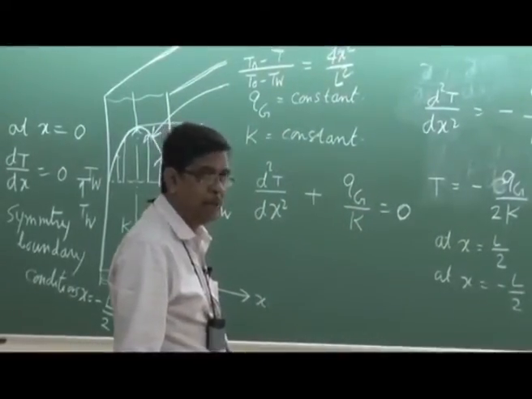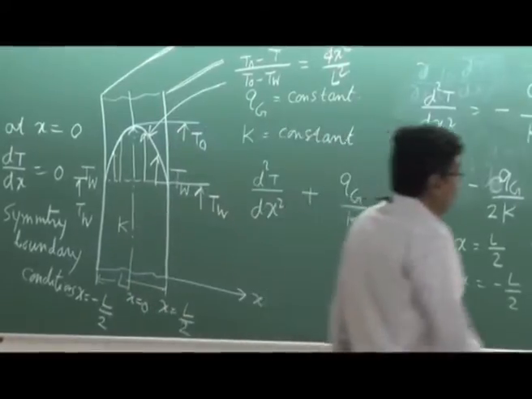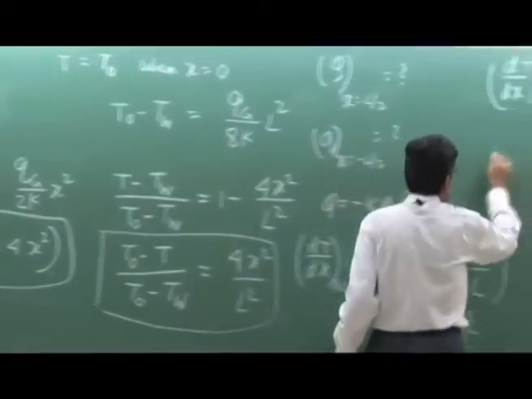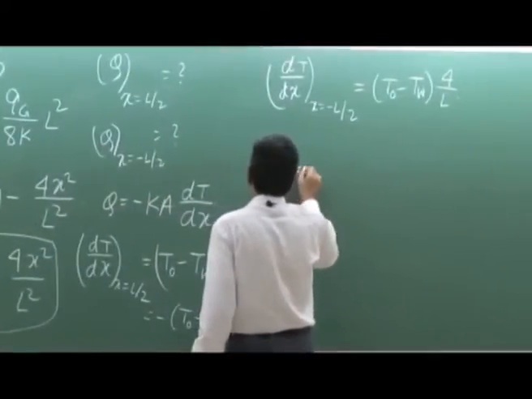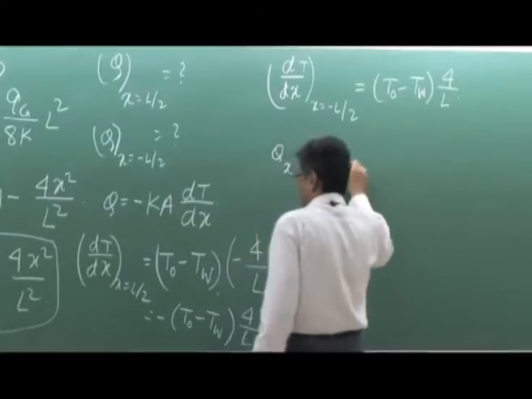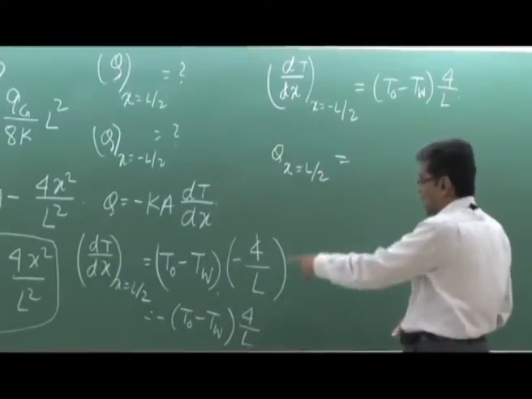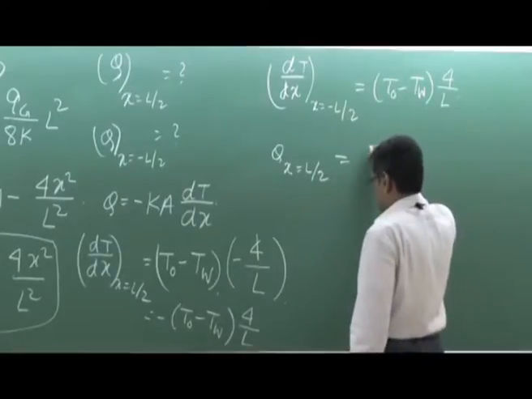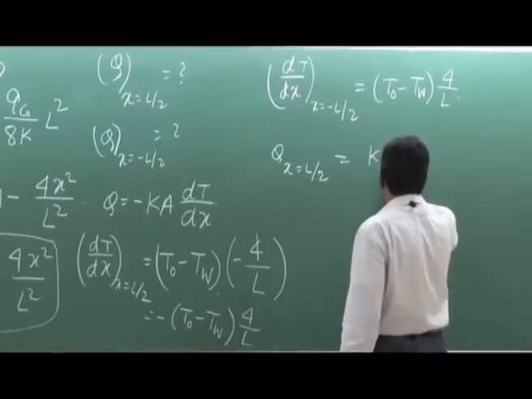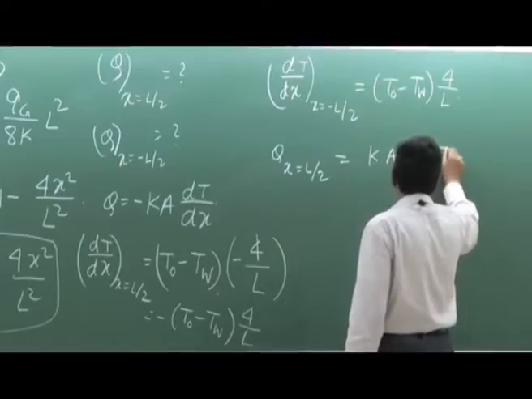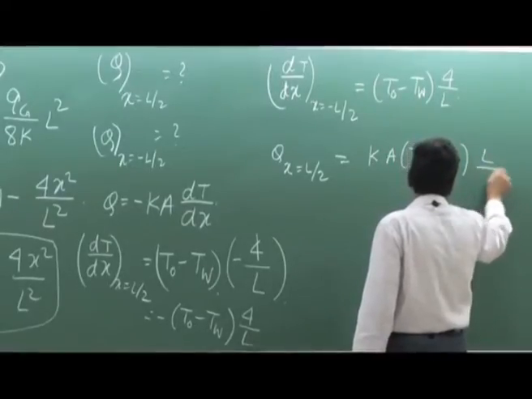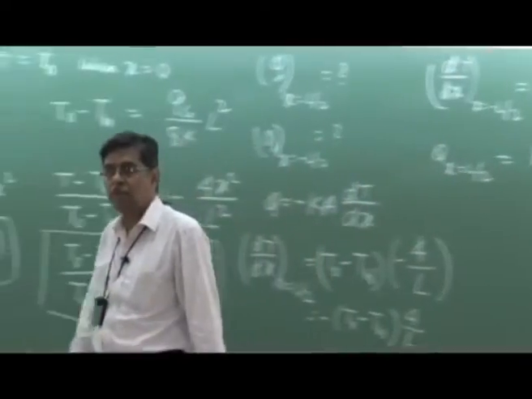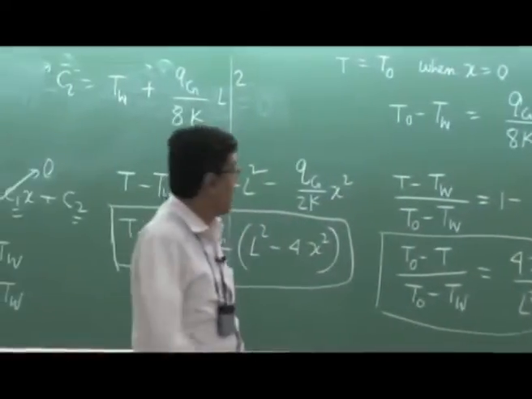Now here Q at x is equal to L by 2 is minus KA dt dx. That means it is positive. That means KA into T0 minus Tw into 4 by L.